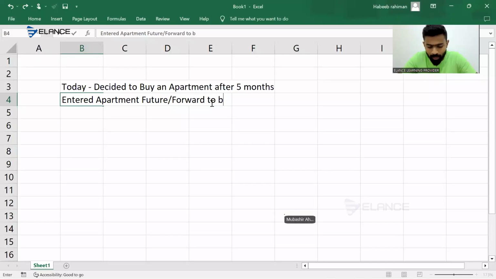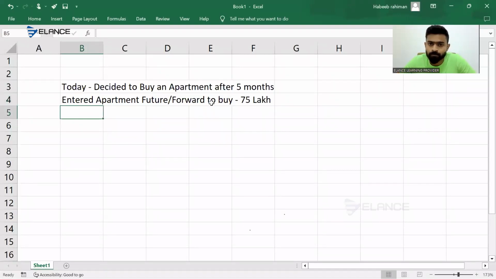The position is to buy the apartment at 75 lakh. We are ready to buy at 75 lakh. Please listen carefully. Today we decided to buy an apartment, and today itself we entered into a contract, forward or future, to buy the apartment at 75 lakh.